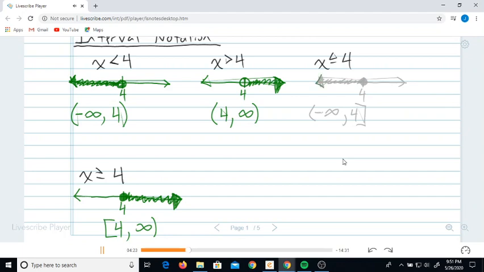And if we look at this inequality, it's 4 again, with an or equal to, so we shade it in, and this is all values equal to 4 or below it, to the left. This shading starts at negative infinity, since we always read from left to right, and stops at 4. 4 gets a bracket because the value is included. Alright, so that's interval notation out of the way.